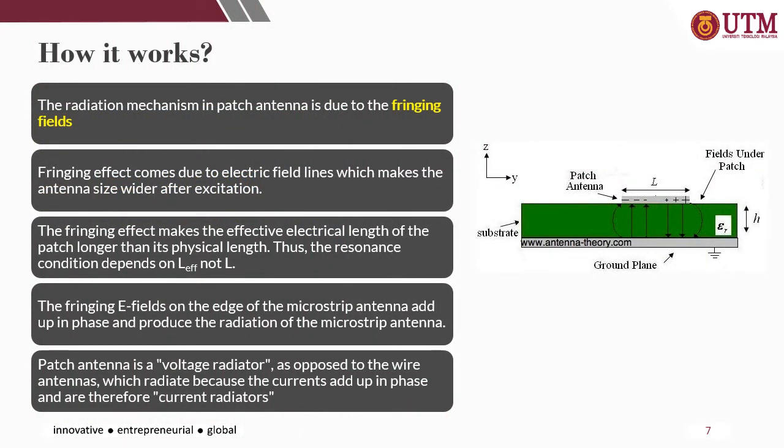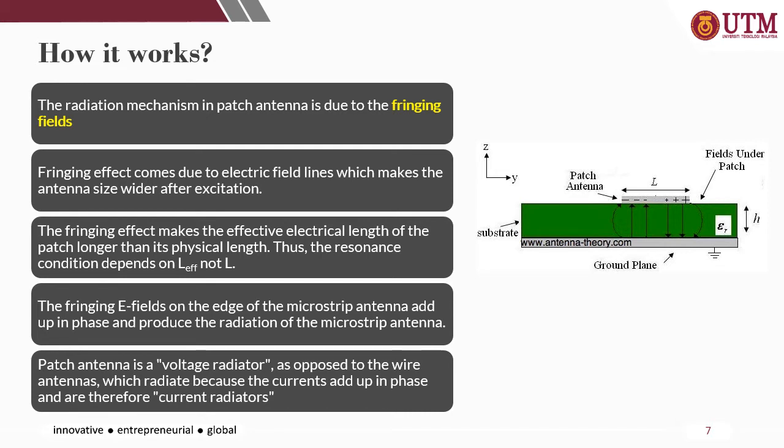Okay, so how does the microstrip patch antenna radiate? The radiation mechanism in a patch antenna is due to fringing effects or fringing fields, which appear at the edge of the patch structure. Alright, so the patch antenna can be viewed as an open circuit transmission line.